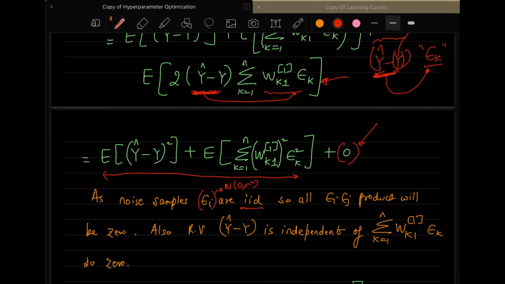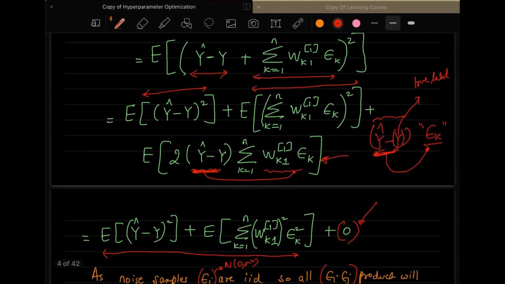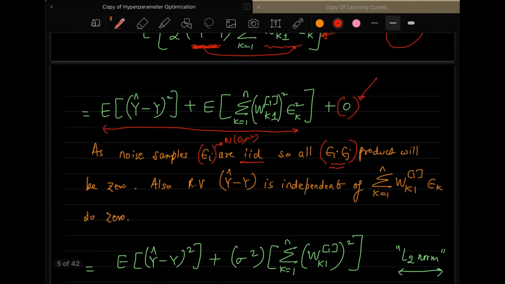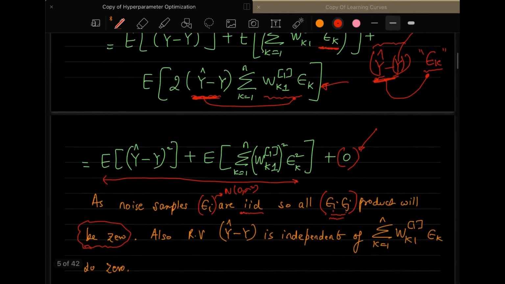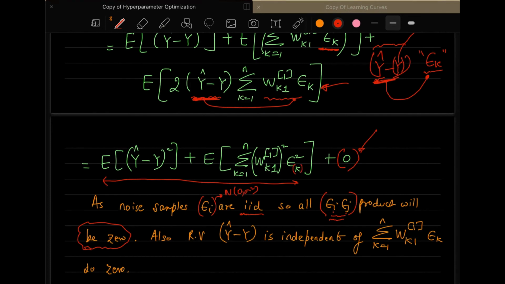If they are assumed to be IID, then the cross products of epsilon naught i and epsilon naught j will vanish. You would have cross products with k and j also, but the cross products of i and j will be 0 because they are IID. So only the terms with k will be left.